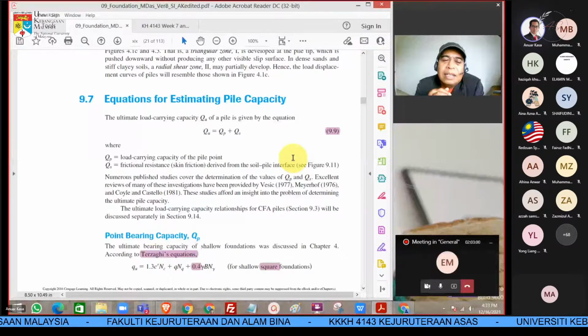In this textbook, sometimes they don't use it. They have their own way of calculating the pile capacity, pile length, and so on. So even if we look in this textbook, there are many methods.